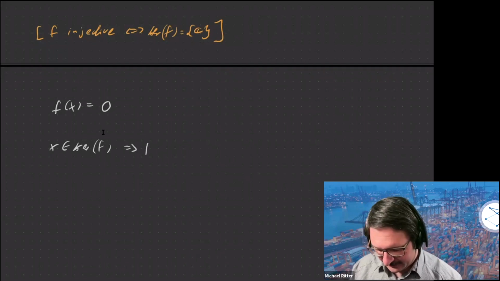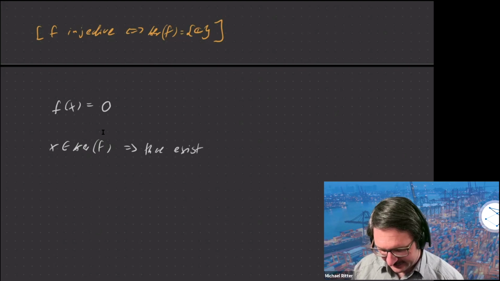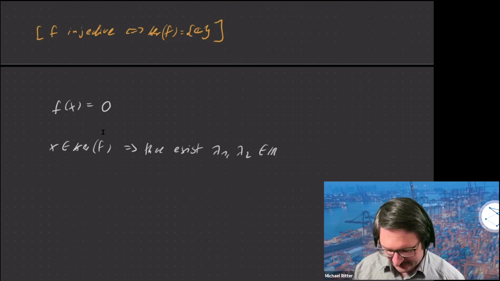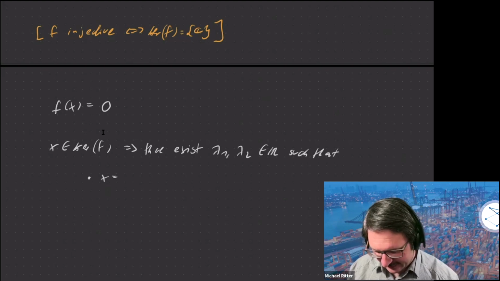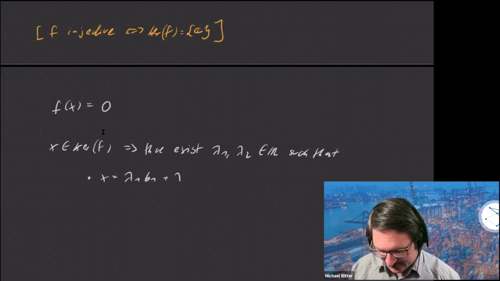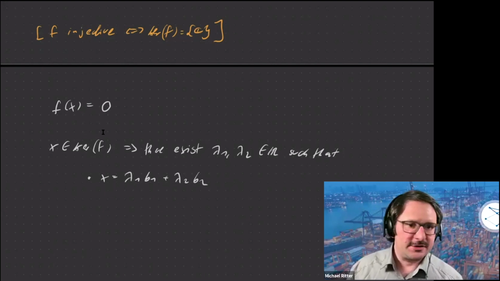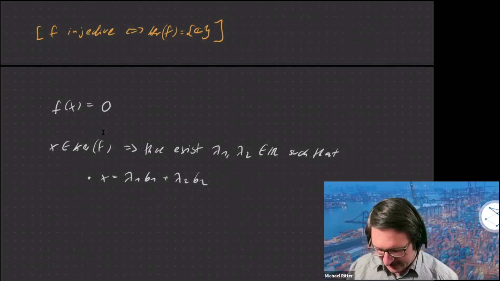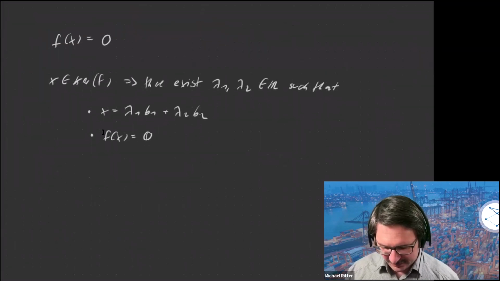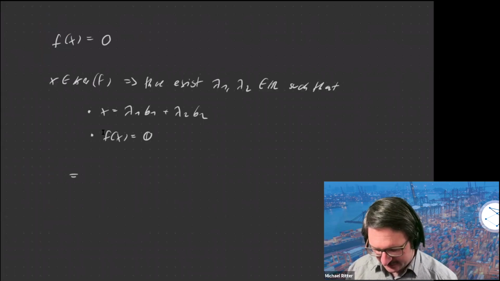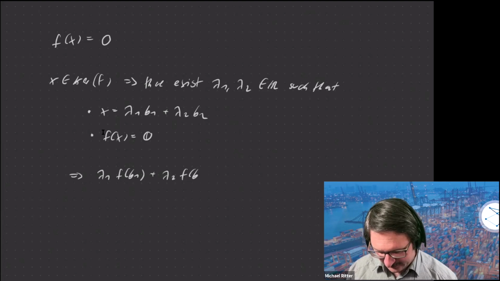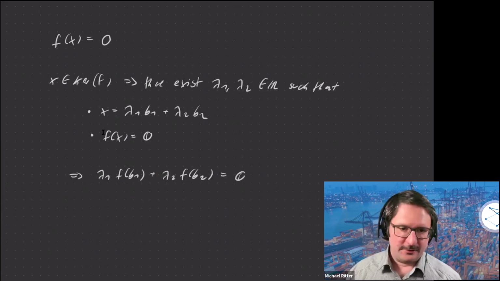Then that would mean there exist lambda 1, lambda 2 in R, such that first, x is a linear combination of b1 and b2 with these coefficients, because b1, b2 is a basis of V, and f of x would be the 0 vector. So these two things together would mean lambda 1 f of b1 plus lambda 2 f of b2 needs to be the 0 vector.